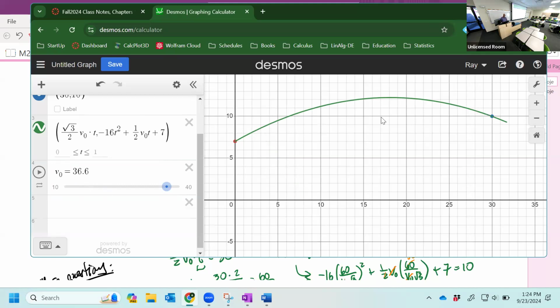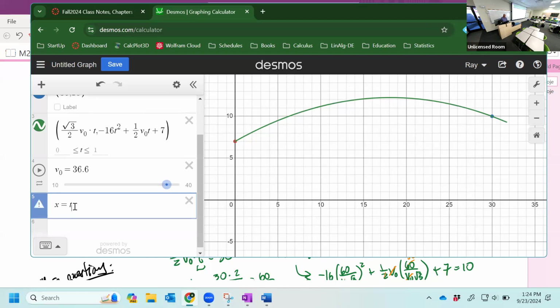All right, and now to find the maximum height from here, we didn't actually solve for it, but it looks like, oh, I can't trace it. Usually I could just put a little dot, maybe let's say x equals t sub 2.